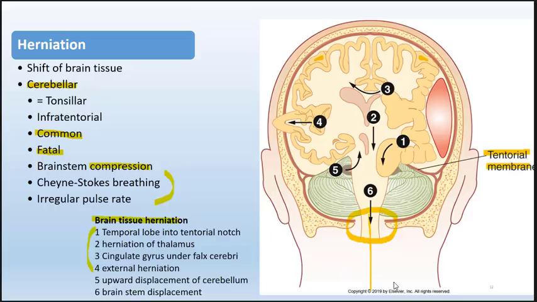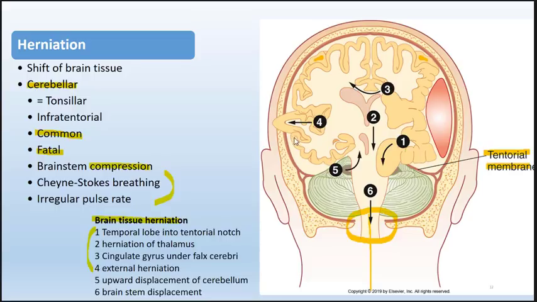It's also interesting to note that the herniating tissue, wherever it is, so in any of these examples here, is going to cause an increase in intracranial pressure in the area that it is herniated into. So in the case of this part of the brain herniated over here, it's reduced the pressure in this area by moving in this direction, but now it's increased the pressure in this region here.